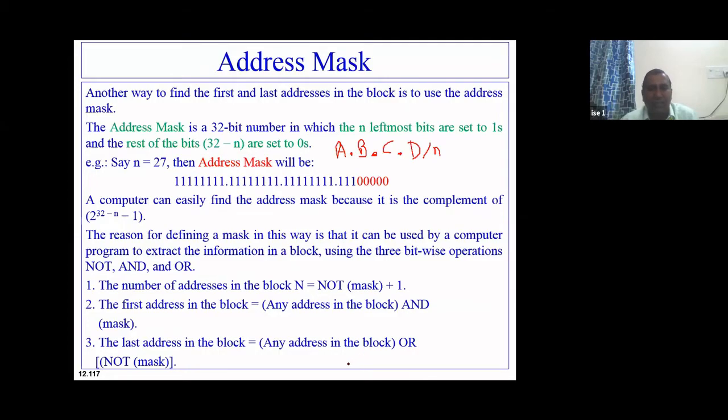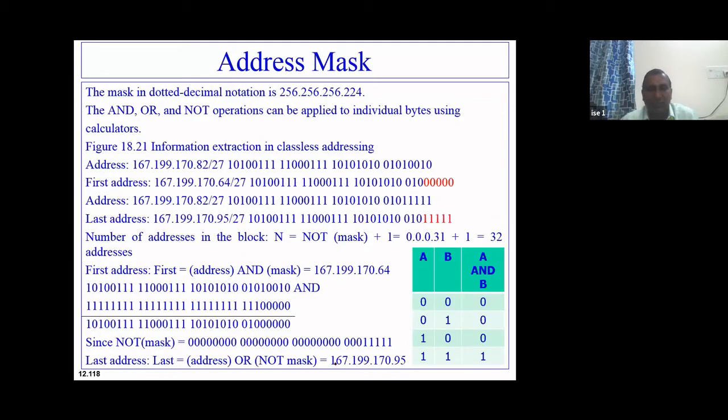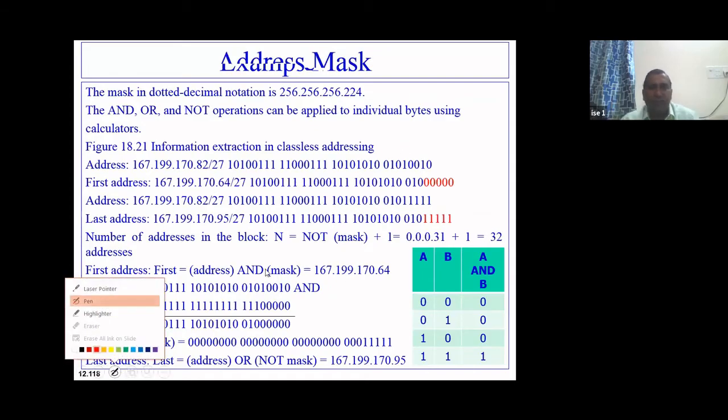The NOT mask is this, and you OR it with the address given, 167, 199, 170, 82, and you will get this value. So this is the method of solving this, right?